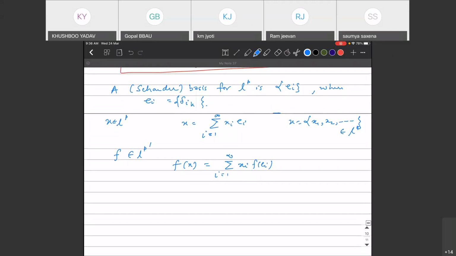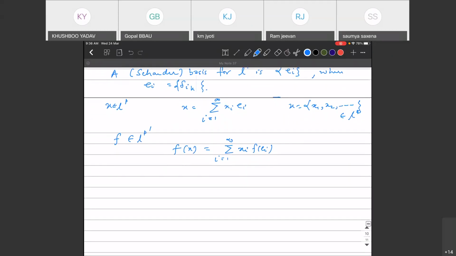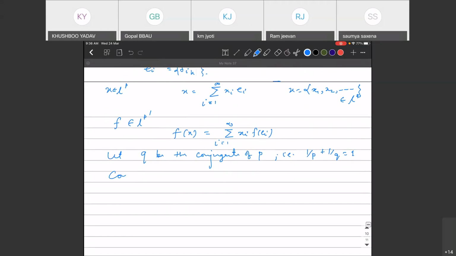So now we take the conjugate of P, that is Q. Let Q be the conjugate of P. This means 1 by P plus 1 by Q equal to 1, and we consider a sequence.